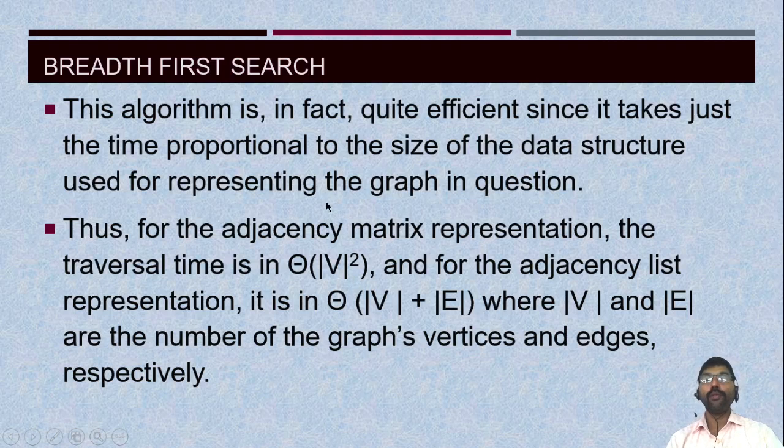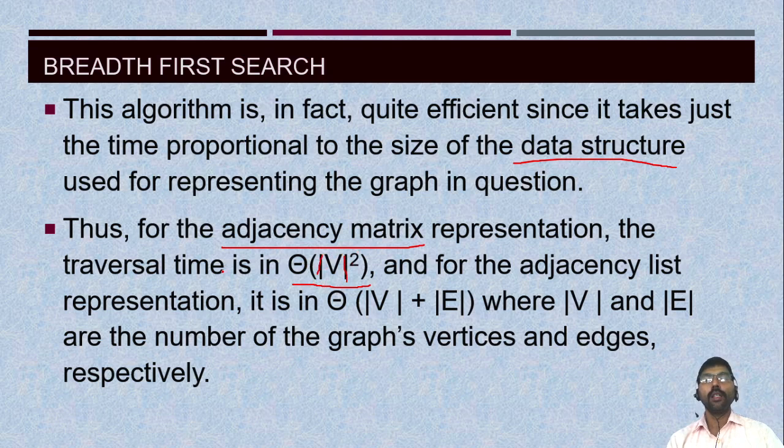Just like the depth first search, the breadth first search algorithm's efficiency also depends on the data structure we used for representing the graph. If an adjacency matrix is used to represent the graph, its efficiency is calculated as theta of the number of vertices squared, where this symbol indicates the number of vertices in the graph.